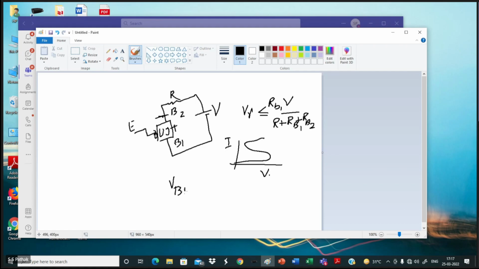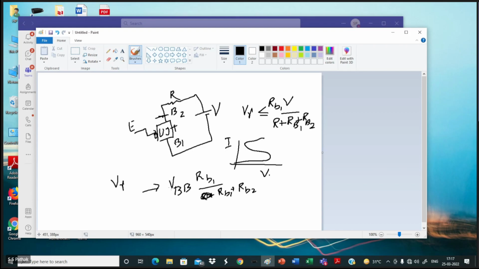Earlier it was VBB into RB1 by R plus RB1 plus RB2. R is not there, of course. It was there initially. Okay, that was my V gamma.